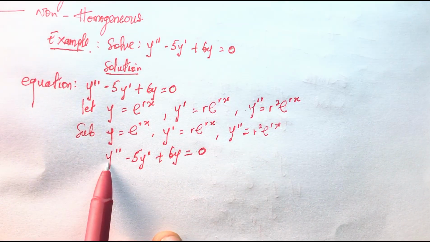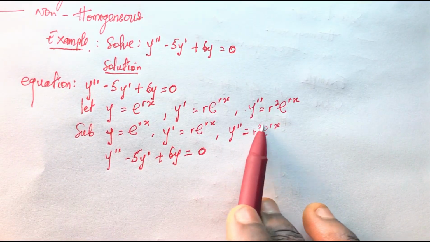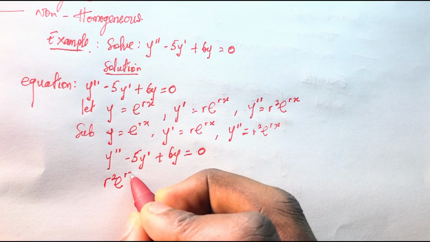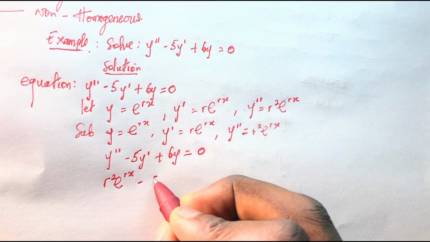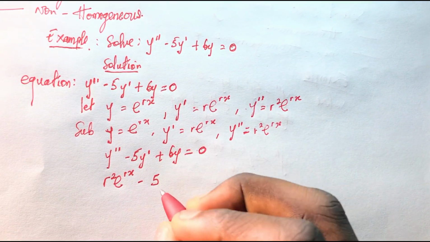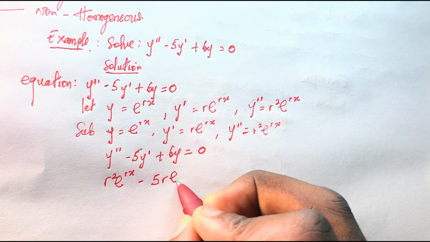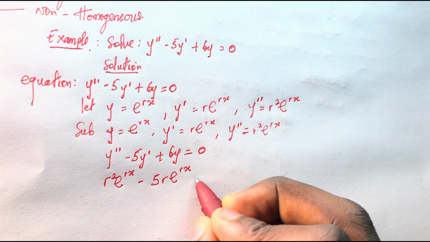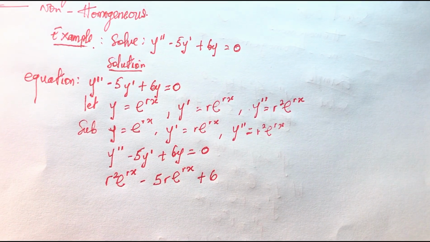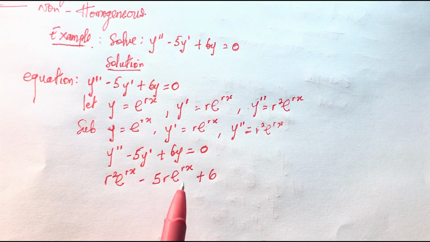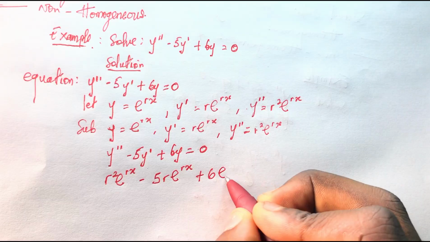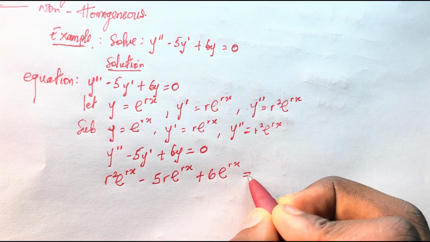So our y double prime is r squared exponential rx, negative 5 times y prime, which is r exponential rx, plus 6 times y, which is exponential rx, equals 0.